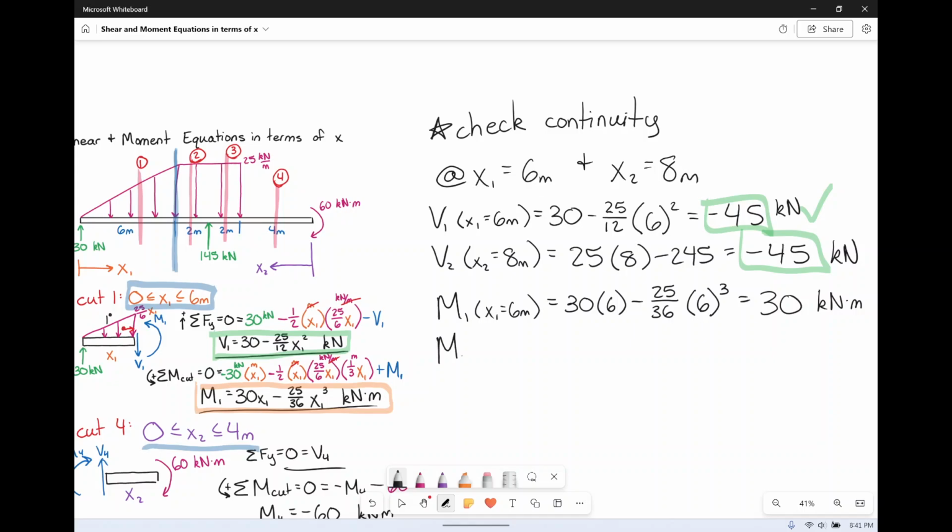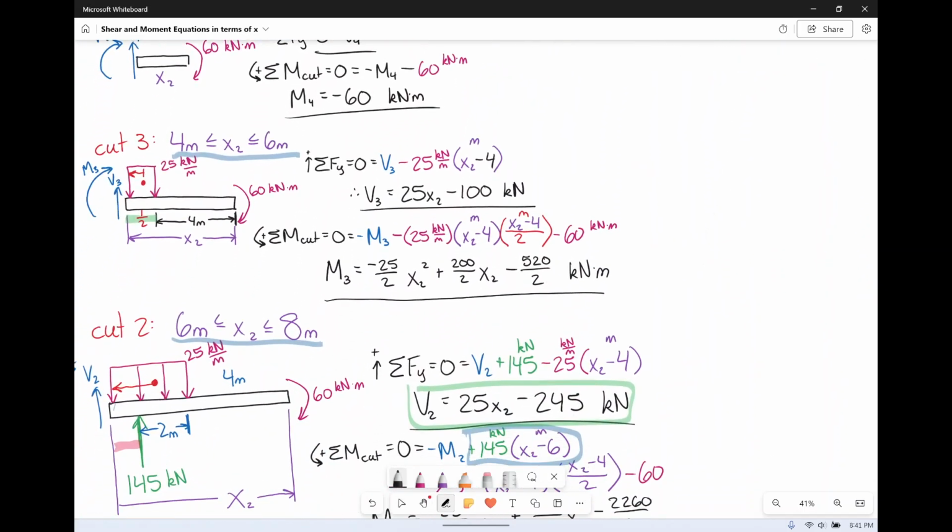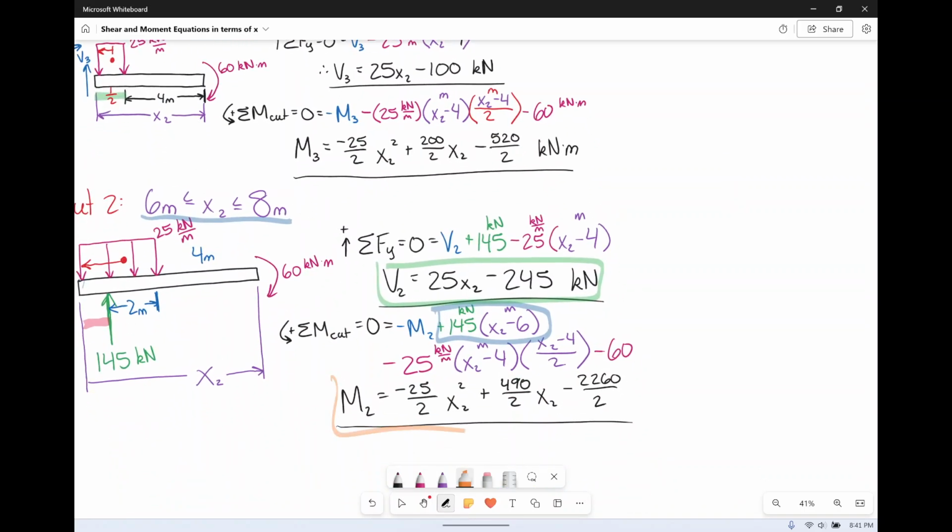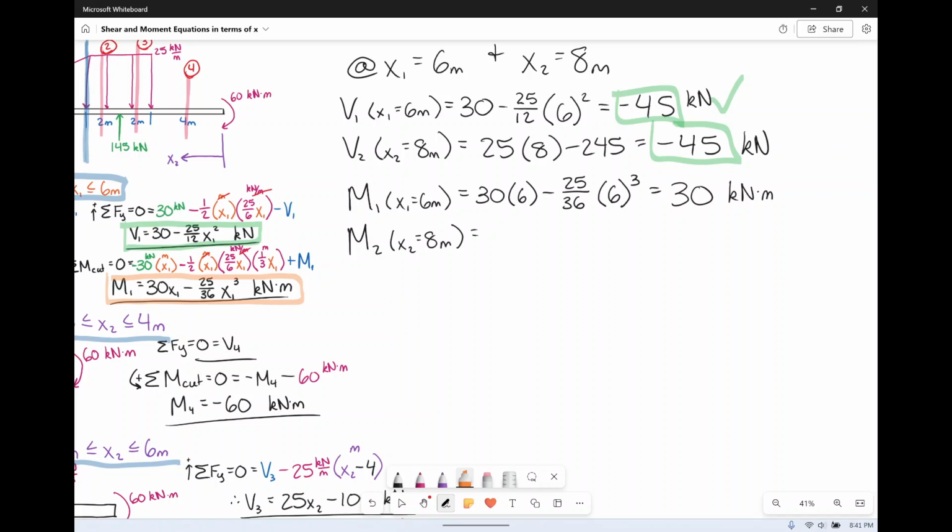And lastly, we need moment 2 when x2 is equal to 8 meters. So again, moment 2, not a very glamorous equation, but here he is. Yeah, that's pretty nasty, and we're hoping for 30.